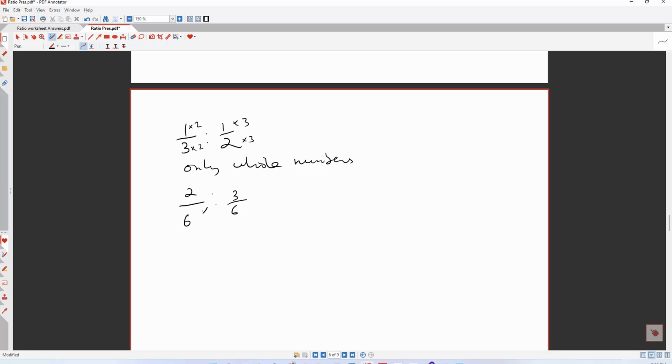And if you think about this, if I multiply this by 6 and multiply this by 6, if I do the same multiplication, I just get a ratio of 2 to 3. Okay, so I can easily convert fractions to a whole number comparison by finding the common denominator and just multiplying that denominator out. So have a crack at the worksheet and see how you go.